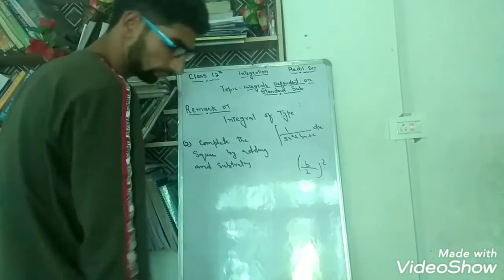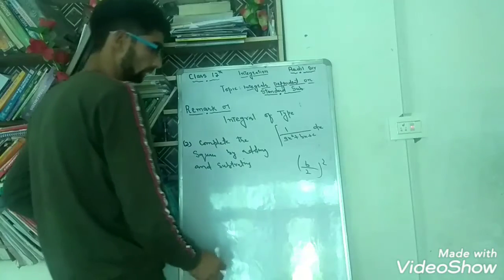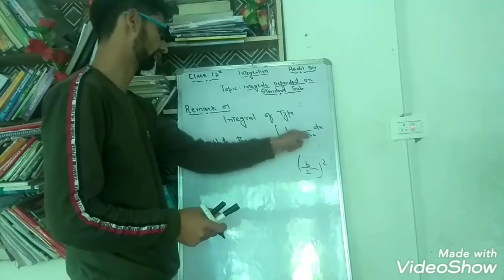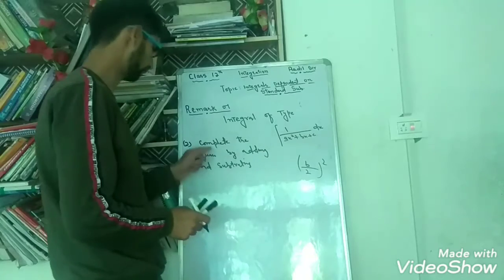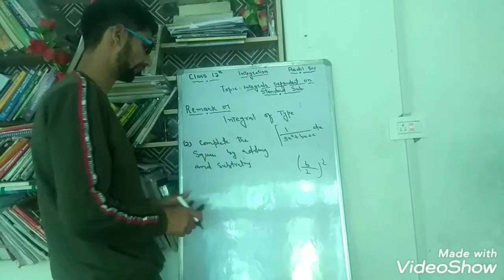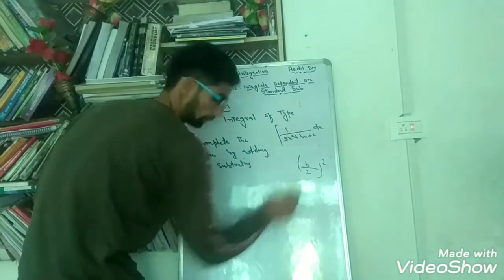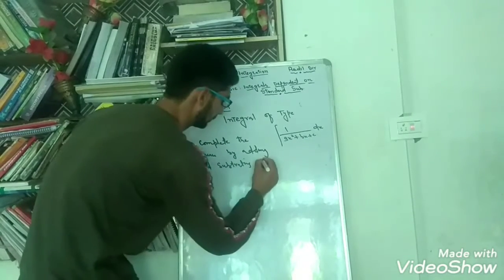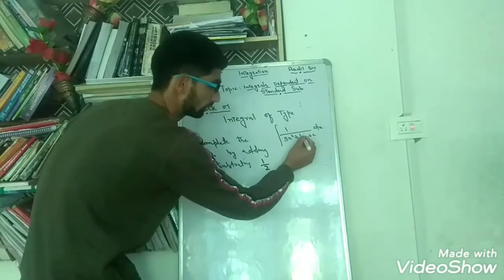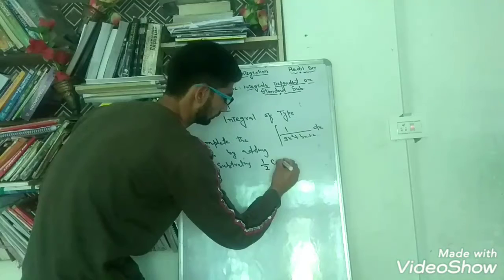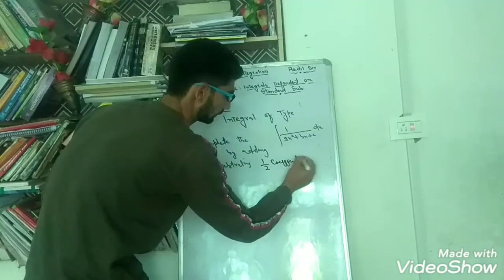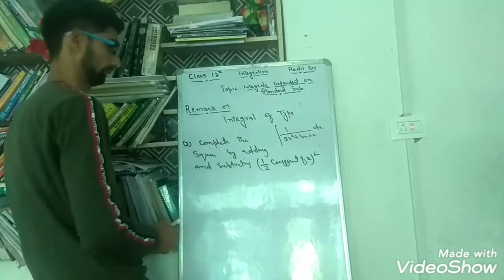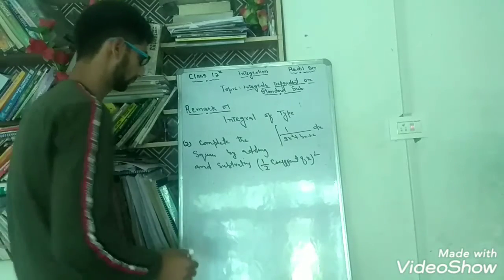So we will add this to the denominator. Complete the square by adding and subtracting 1 divided by 2 the quotient of x, whole square.